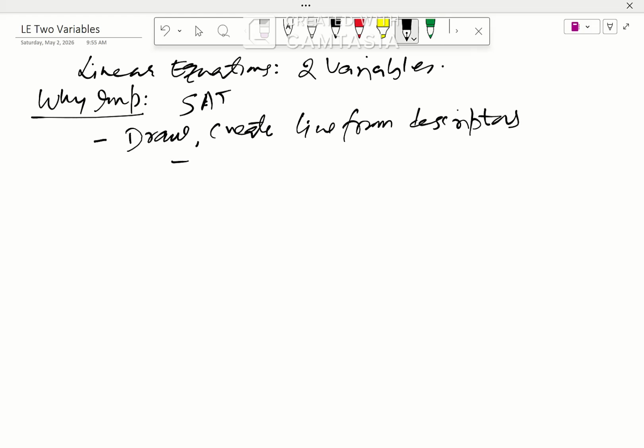What are the descriptors of the line? We will learn slowly, in this chapter. These are the slopes, a point through which the line passes, and sometimes the intercepts. Okay, intercepts. What are the intercepts? These also we will learn very shortly.